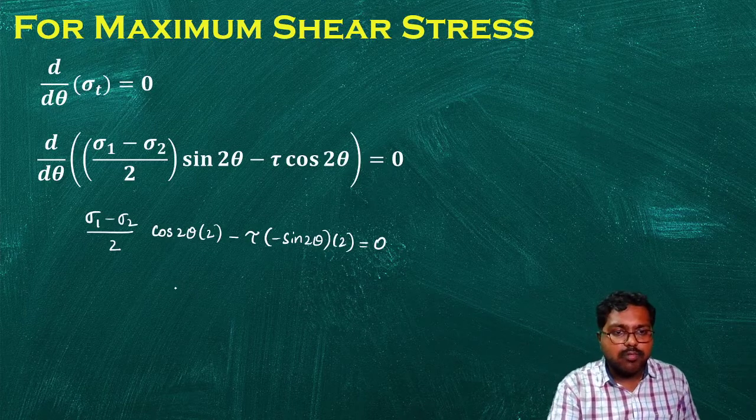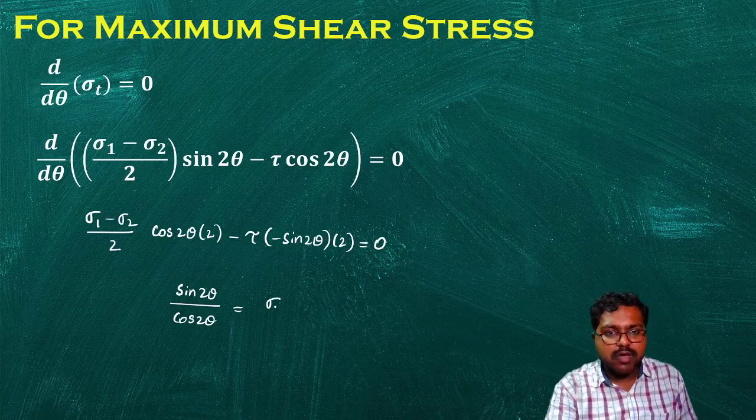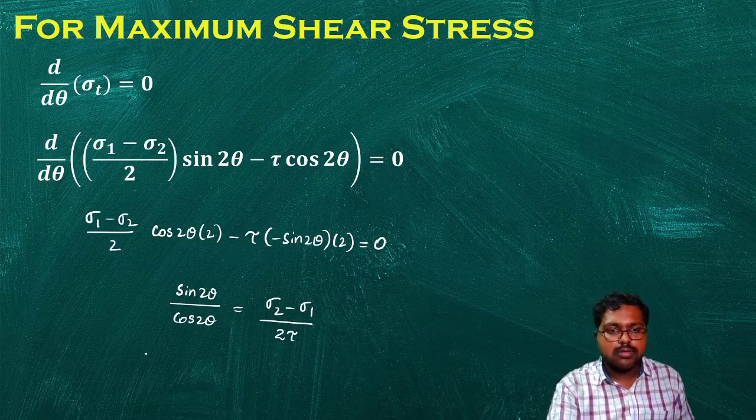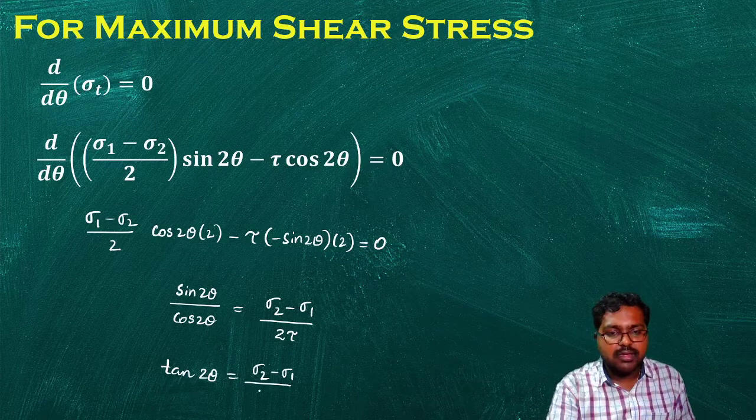So here we will get sine 2 theta by cos 2 theta as (sigma 2 minus sigma 1) by 2 tau. So here we are left with tan 2 theta, which equals (sigma 2 minus sigma 1) by 2 tau.